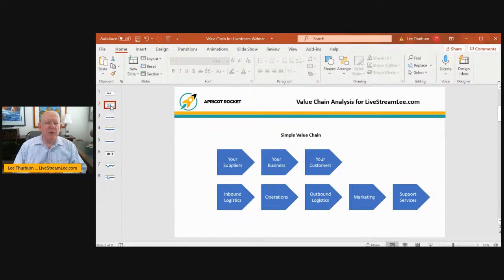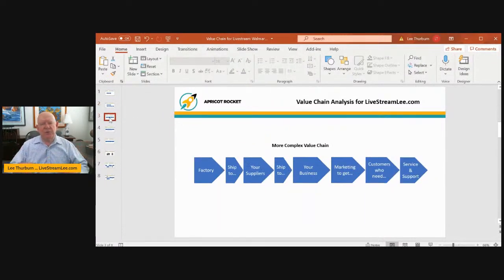These are always primary activities. But the three most important steps in the traditional concept of the value chain are the inbound logistics, the operations, and the outbound logistics.